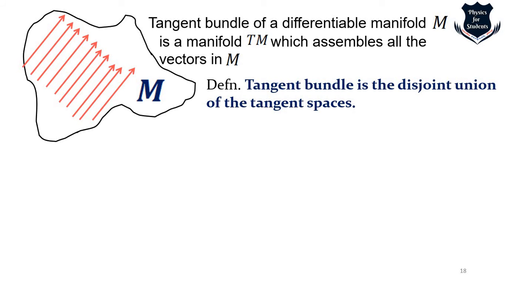So we can define the tangent bundle as the disjoint union of the tangent spaces. I hope we all know what a disjoint union is. Just let me show you technically how we can do this. So we are using TM equal to this, which is called a coproduct. I would like to tell you that we are using the coproduct as it includes the disjoint union of sets and topological spaces, right? And we know what a disjoint set is.